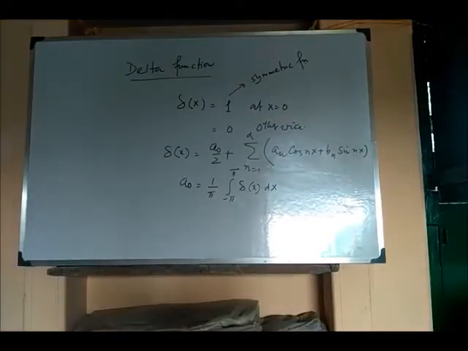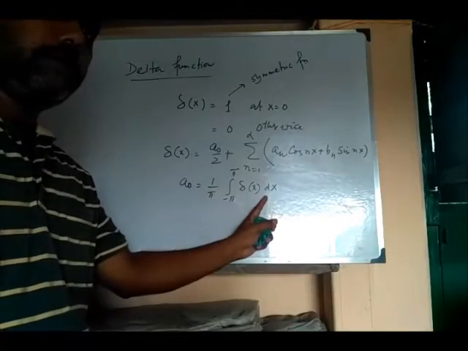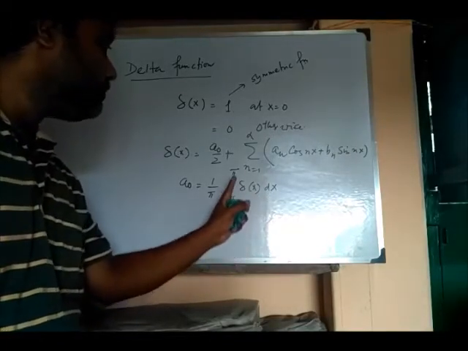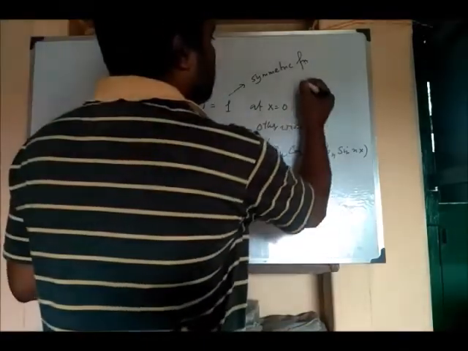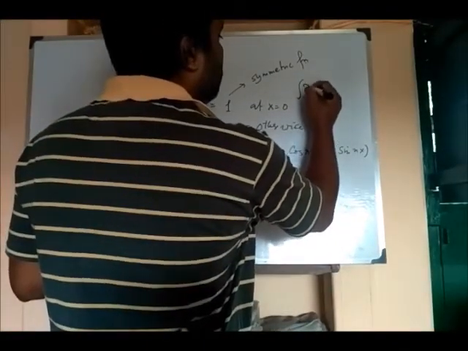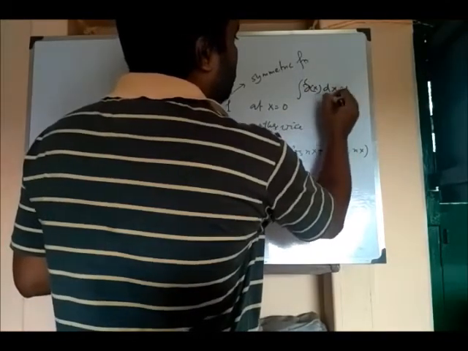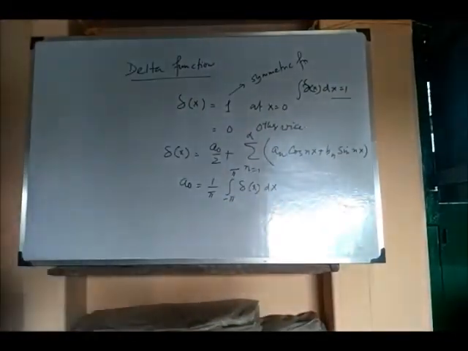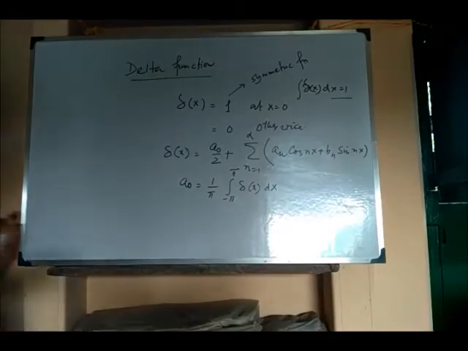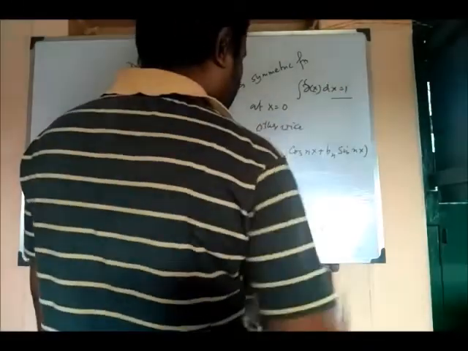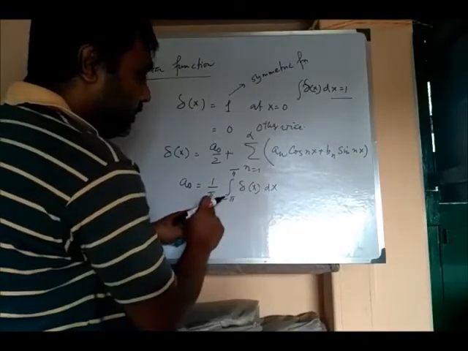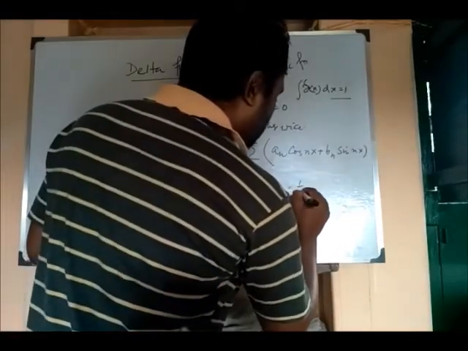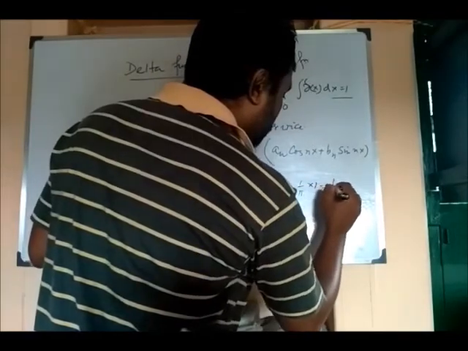Definitely, if you integrate delta x dx within the closed interval minus pi to plus pi, what will be the area of delta x under the curve? The area always becomes 1. So as the area always becomes 1, 1 upon pi times the integral of delta x dx will give me just 1 upon pi into 1. So a0 is 1 upon pi.